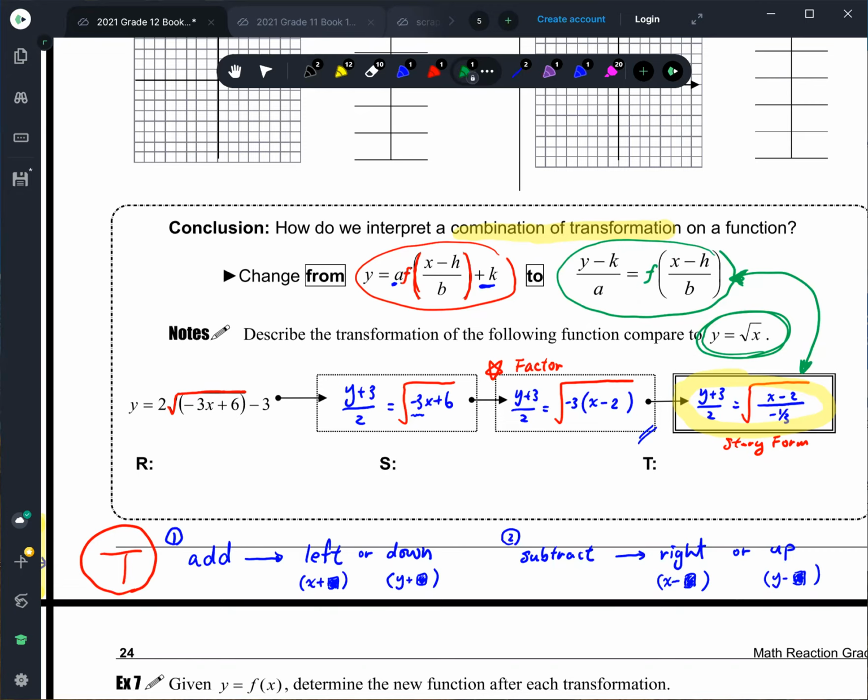Please raise your hand when you finish the stories, the descriptions.